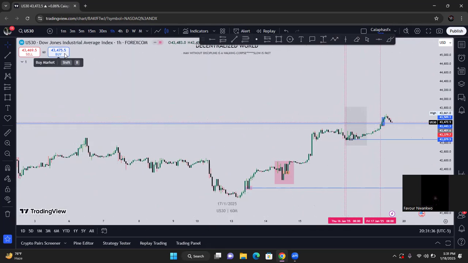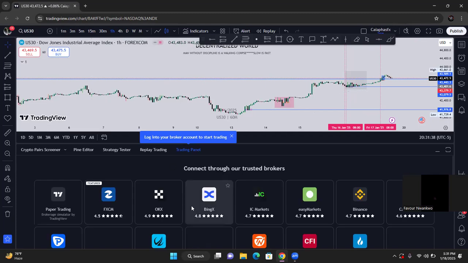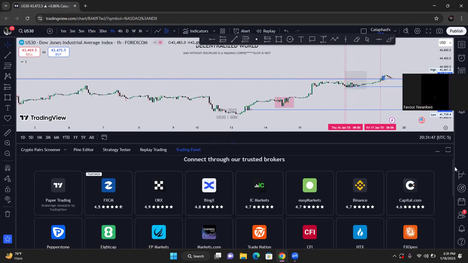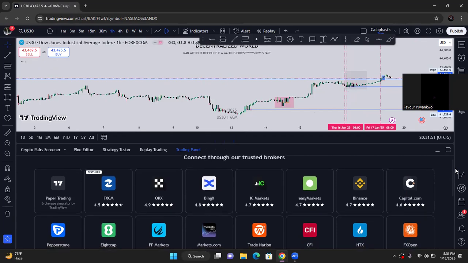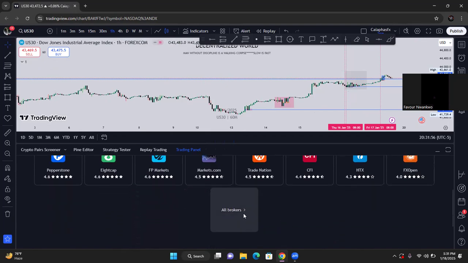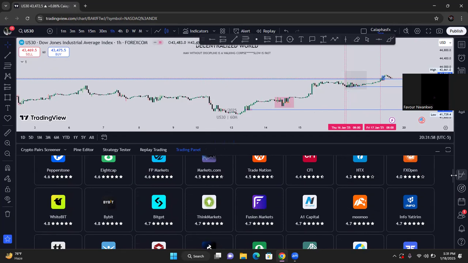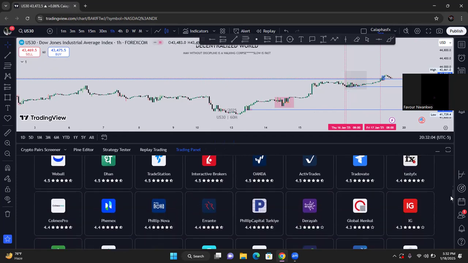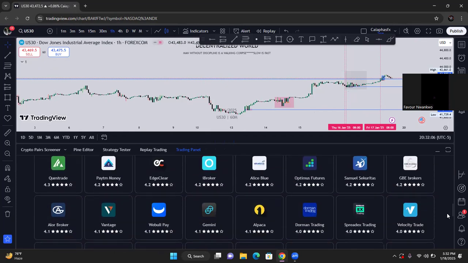For instance, this is where your brokers are. You have Binance here, you have capital.com, you have OKX. You just have to look for your broker here. Or if you look at all brokers, there is this broker that I was using. It wasn't mine actually. Someone gave me the logins. It was this Dubai investor.